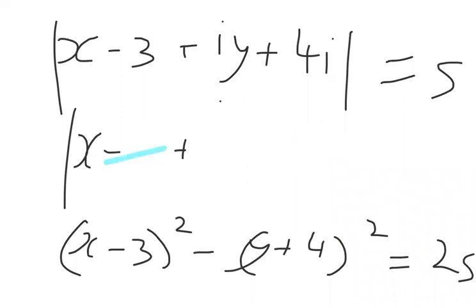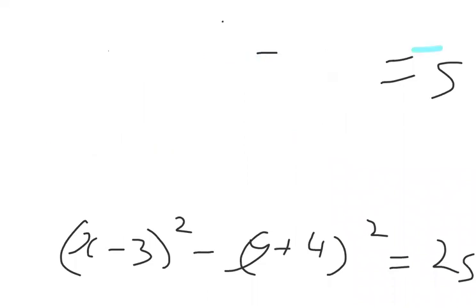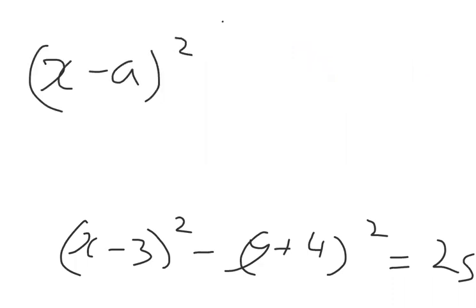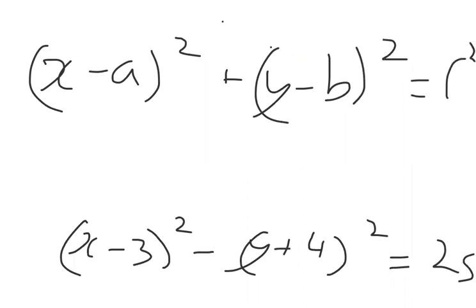And if you don't know the equation of a circle, I'll show you: x minus a squared plus y minus b squared equals radius squared, where (a, b) is the center of the circle. So we have a circle here, center 3, minus 4. So let's draw this.